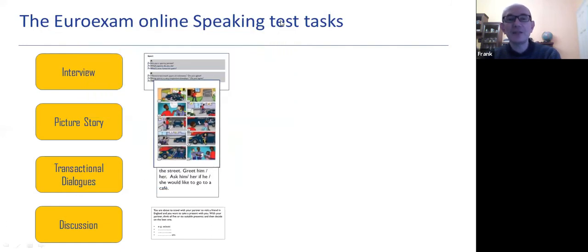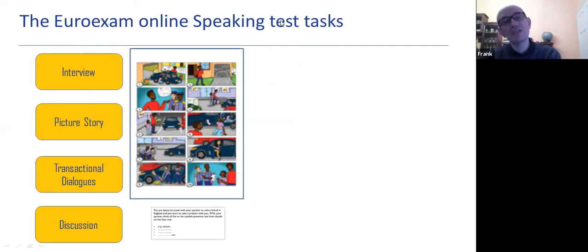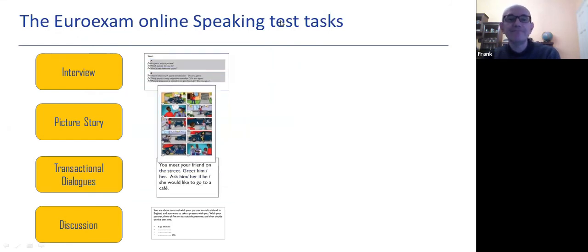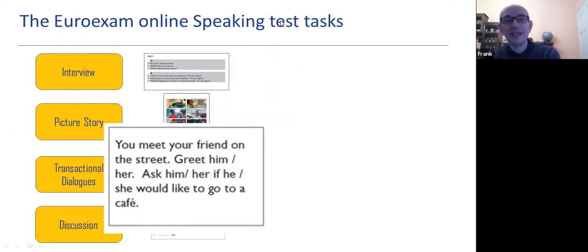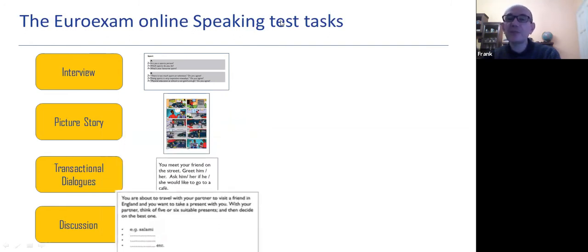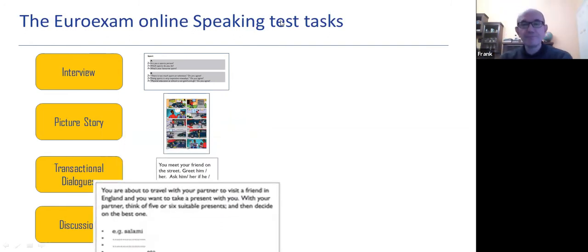There's then a picture story, which the student has a few minutes to look at and to prepare, and then they have to narrate the story. The third part are transactional dialogues, so these kind of role play interactions in different situations, so functional language. And then the last part is a discussion with their partner, so they do it in pairs.